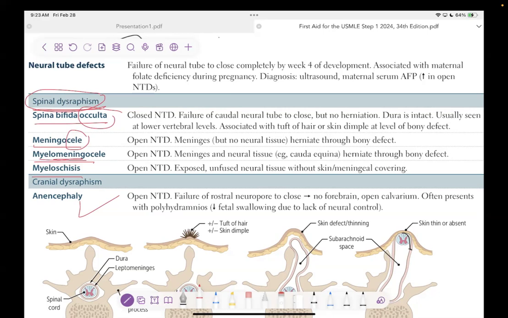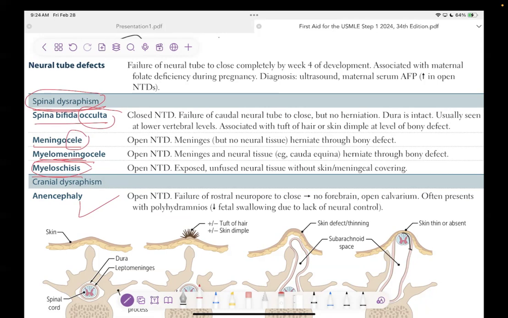Whenever we say schisis, it means there isn't any bag. Everything is visible. Gastroschisis means the intestines are out of the abdomen without any cover. Myeloschisis means neural tissue is out of its place without a bag, right?